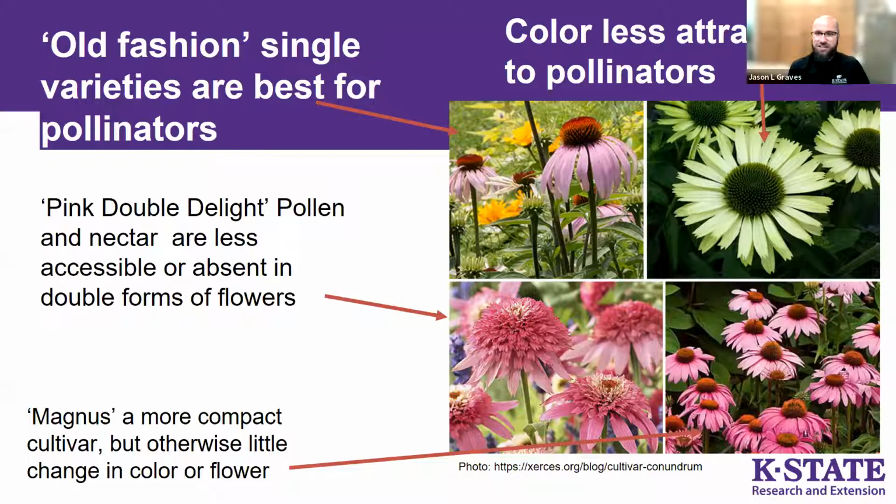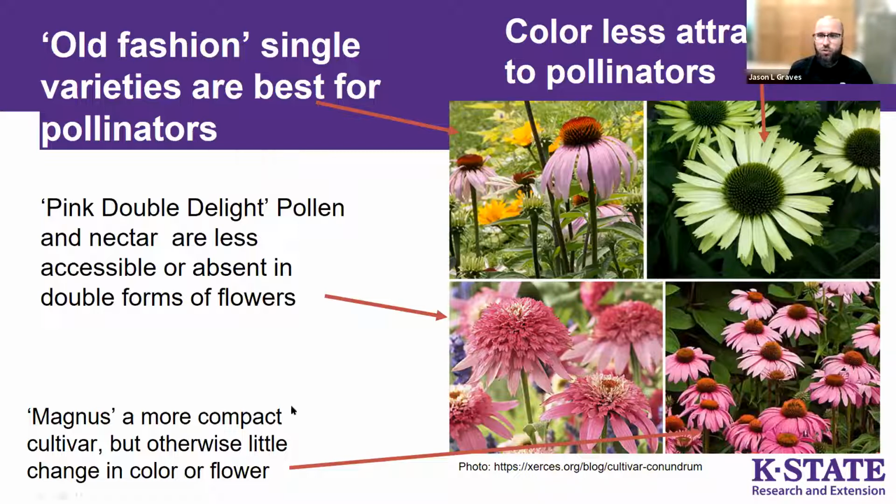And so the general species of coneflower, the old-fashioned single varieties, are typically the best for our pollinators. I will say sometimes it's hard to determine whether a plant, a cultivated variety, has been changed too much. And you're just going to have to research your plants because this variety Magnus of coneflower is a variety that's been selected to be basically just a shorter, more compact variety, but overall, there's not much else that has changed in that plant.